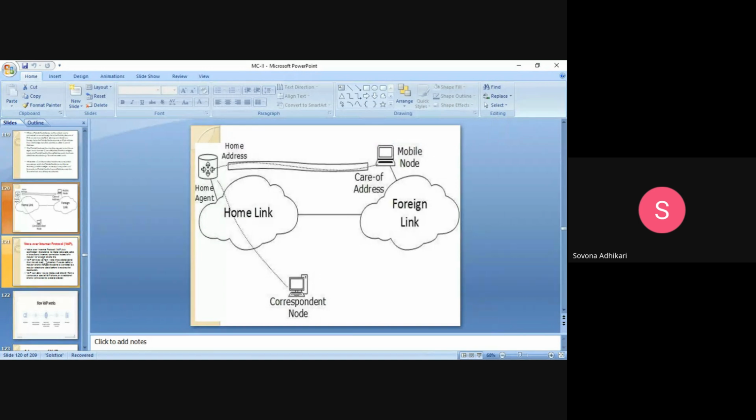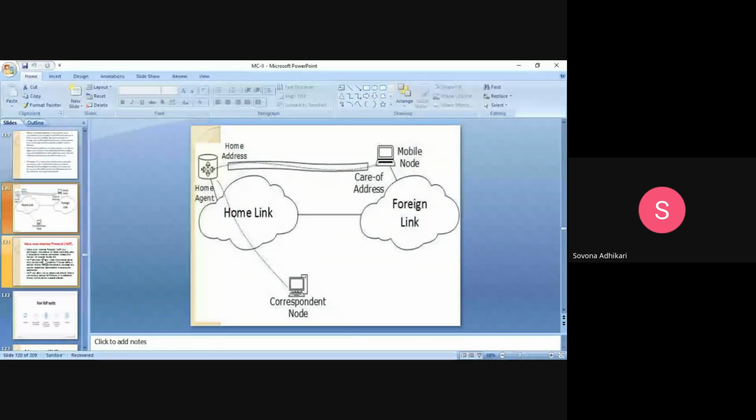And now the correspondent node sends data to the home agent, and the home agent knows your new address. So immediately it forwards the data to the new address, and it is delivered to the mobile node. So in this way, IPv6 mobility works.